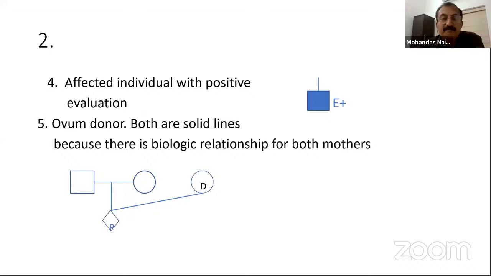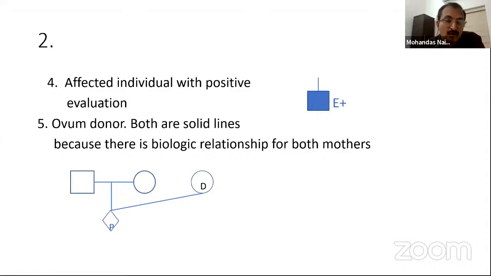And the fourth one, E+, E is evaluation. So some evaluation is done, and it is abnormal. You have identified some abnormality, that is E+. It could be an echocardiogram, it could be some genetic investigation, and those details you can also write there. And the last one, as I had mentioned in the last question, here the two ladies are from different families, and the third one is a donor.